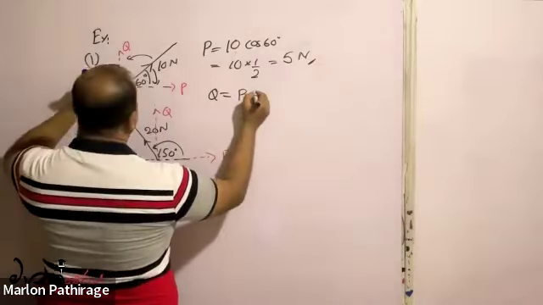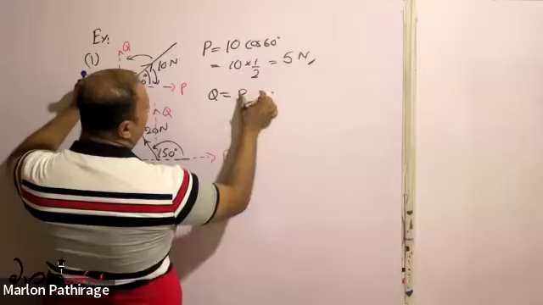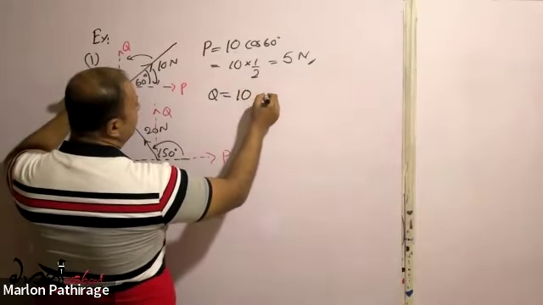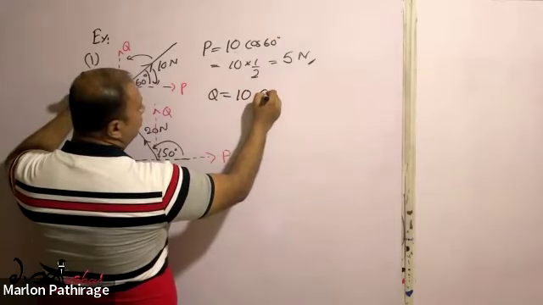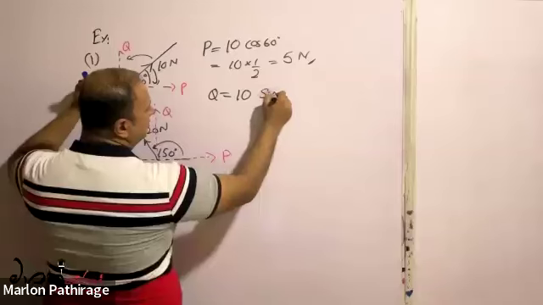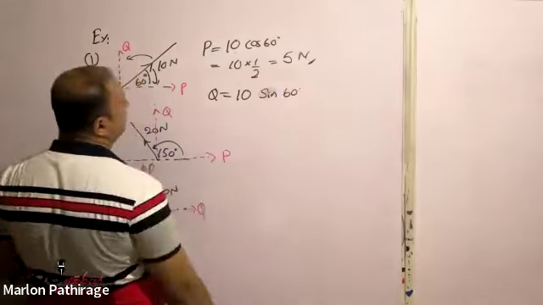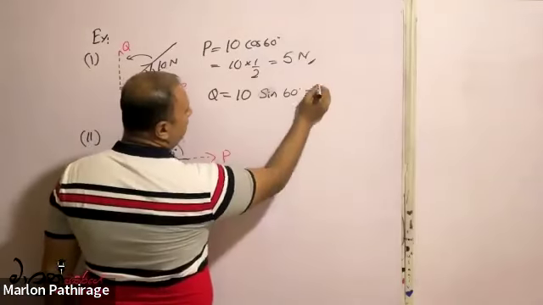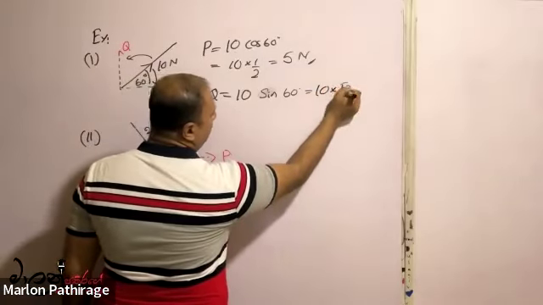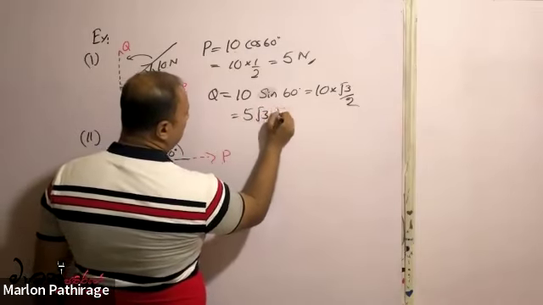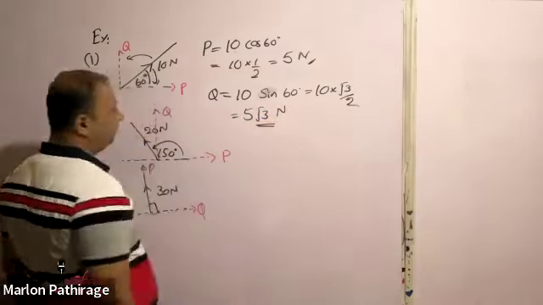So 10 sine 60. Sine 60 means root 3 over 2. Therefore, 10 into root 3 over 2. The answer is 5 root 3 Newton.